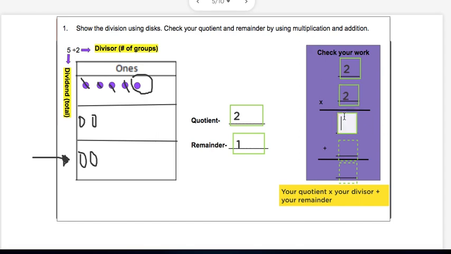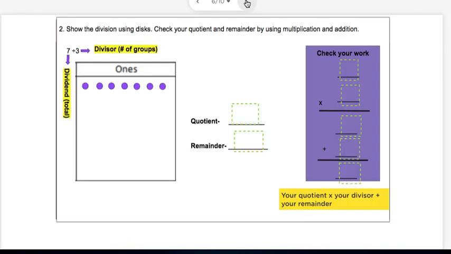Beautiful, 2. What's 2 times 2? Good job, 4. And then we're going to add our remainder, which we know is 1. What's 4 plus 1? Yeah, 5. Does this match my total? Absolutely. So we are good to go because our work matches our total.